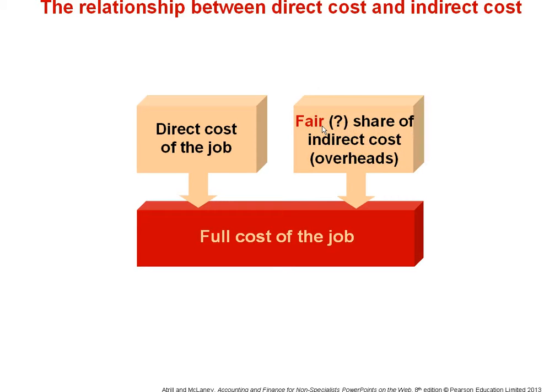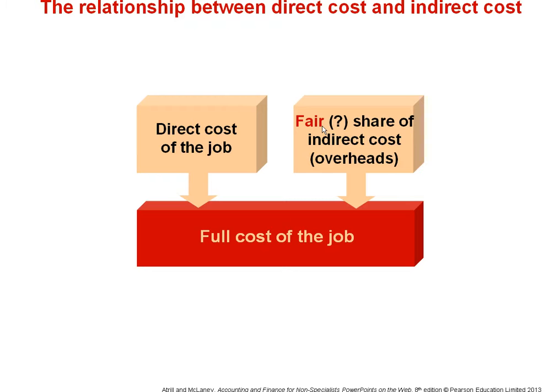So we're dealing with economics, not morality. What is a fair cost? A fair cost is the one that helps you maximize your profits. That's the moral argument, because that's what businesses are supposed to do on behalf of their shareholders.